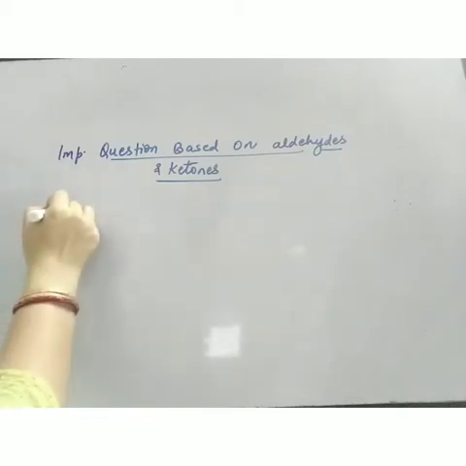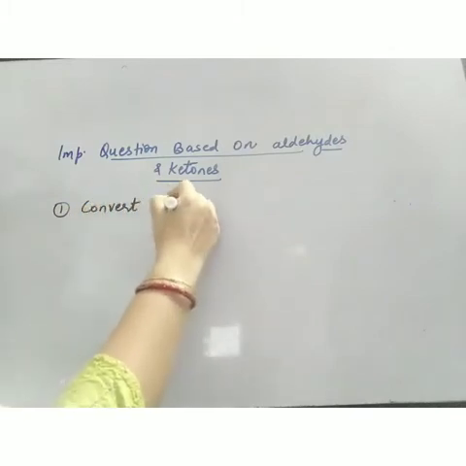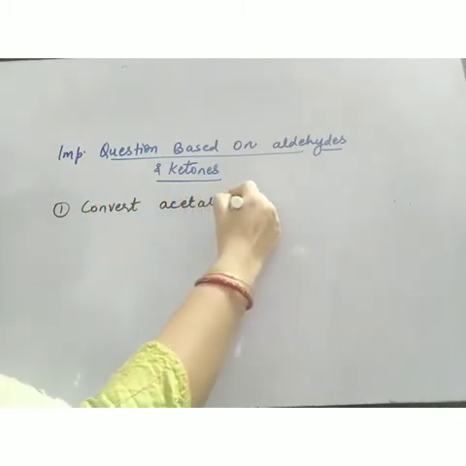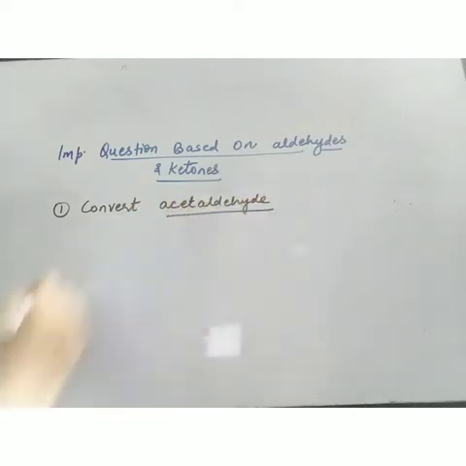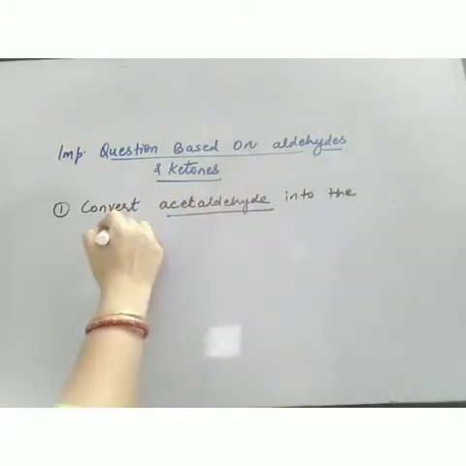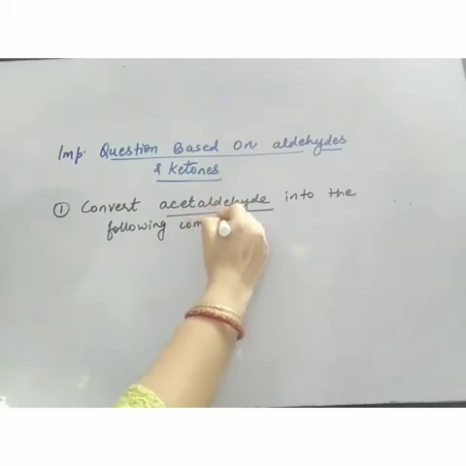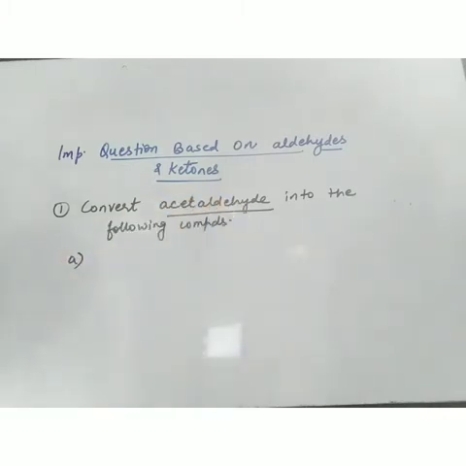Now we'll be doing conversions, word problems, and complete the following type questions. The first question is, how will you convert acetaldehyde, which is nothing but ethanal, into the following compounds. The first compound is but-2-enal.